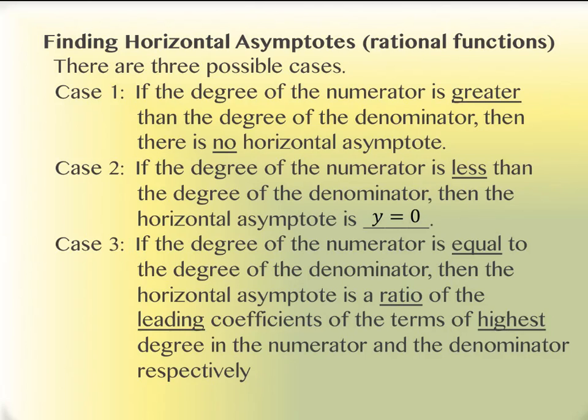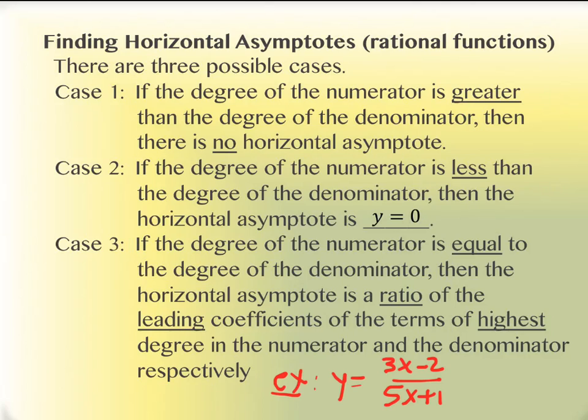The third one is the one that's the most difficult to write out in a concise way, which is why it looks so wordy. If the degree on top and bottom are the same, then you look at a ratio of the leading coefficients. And let me just show you an example of that so that you can remember what that looks like. So let's say you had 3x minus 2 over 5x plus 1.